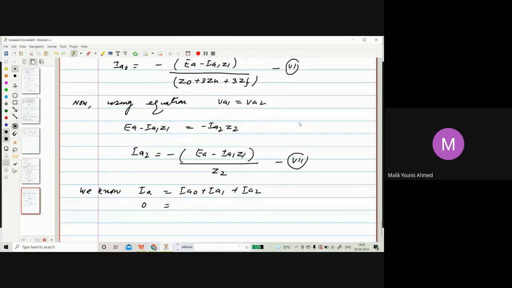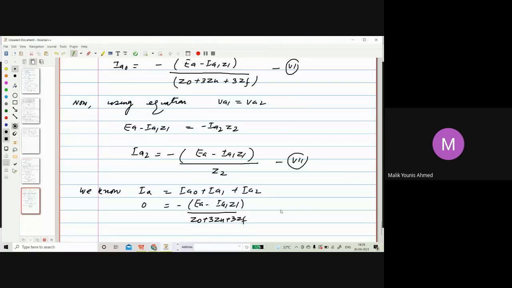IA0 is minus EA minus IA1 Z1 divided by this value. So I will write it, substituting the 6th equation here, minus EA minus IA1 Z1 divided by Z0 plus 3Zn plus 3ZF.